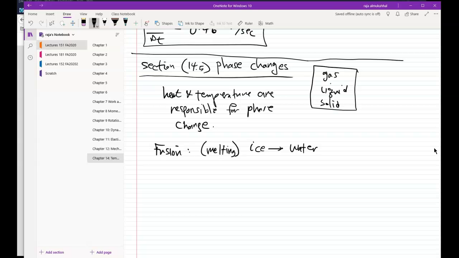And then of course we have evaporation. What is evaporation? An example of evaporation is something turning into steam. So it is from water into vapor or steam.